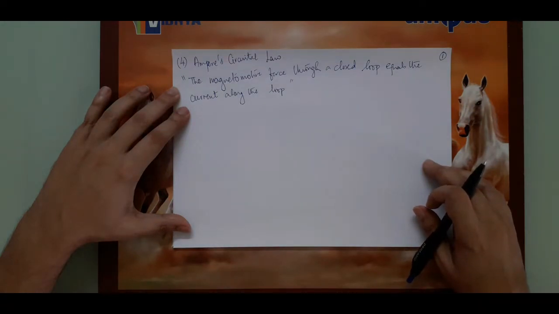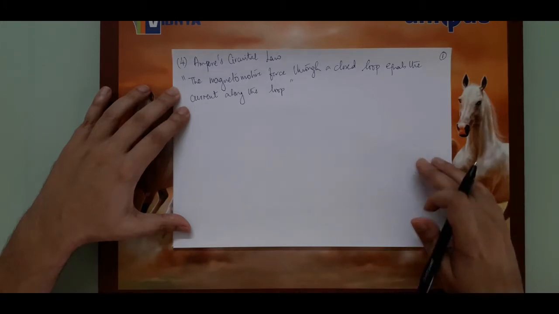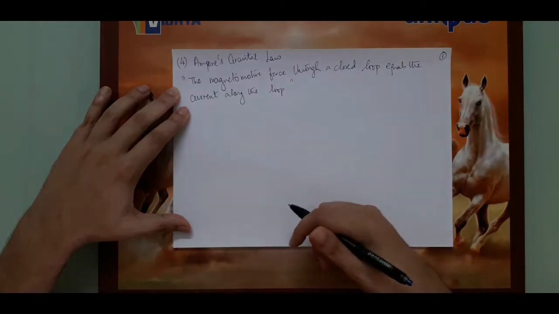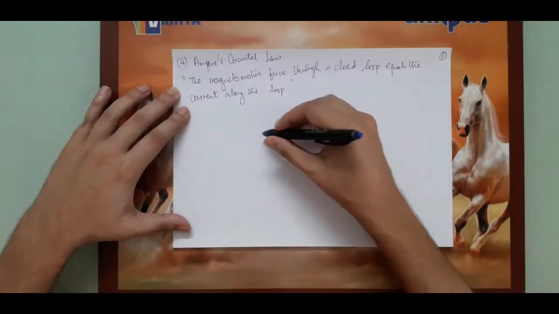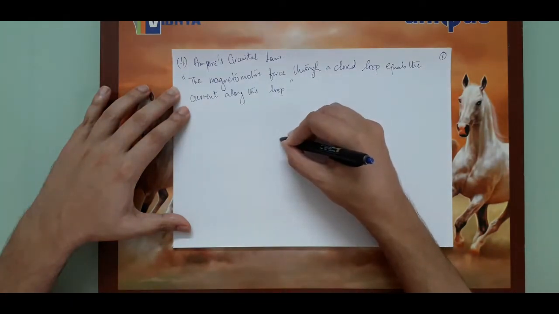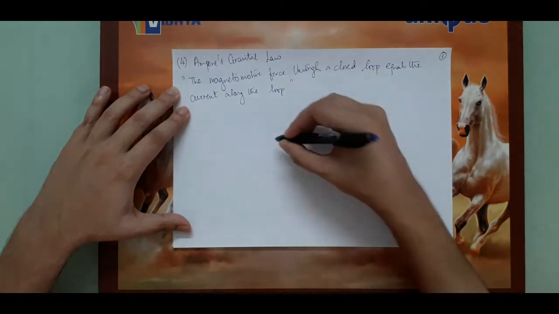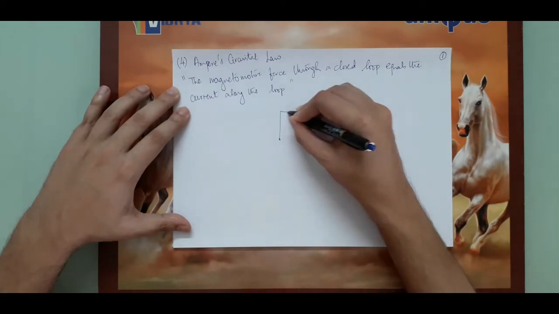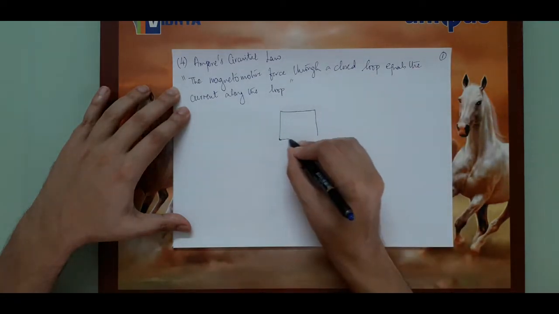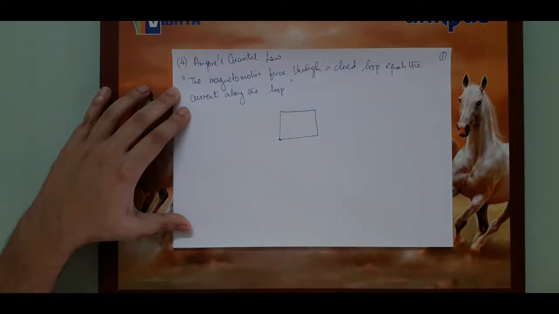So if I have a conductor which is of the structure of a closed loop, then it is something of this kind. Suppose I have this conductor, or a wire that is bent in the shape of a square or a rectangle.